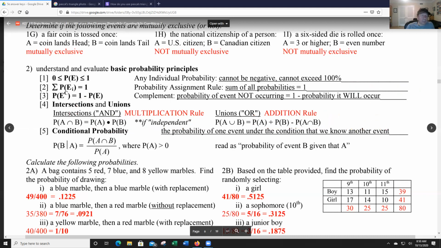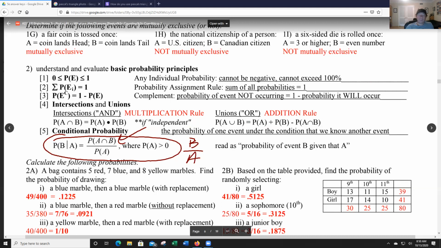And then conditional probability, which we'll get to later on, reads probability of B given that A happened. So a lot of times people look at it this way: B given A, is the denominator. And we will get into this later on.